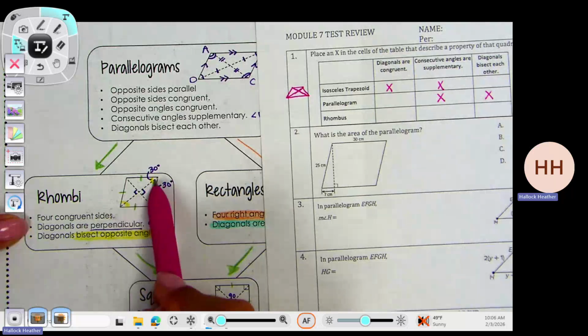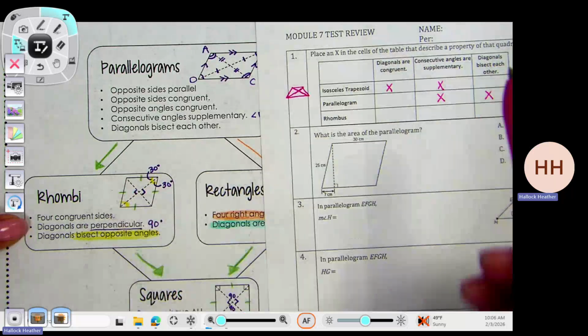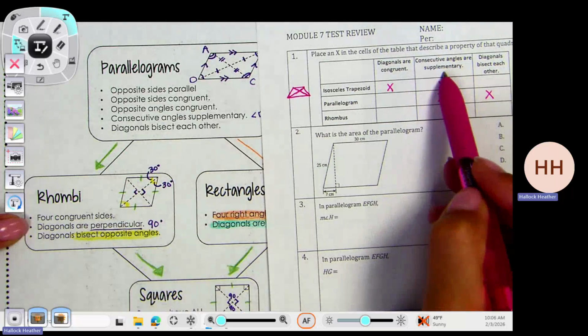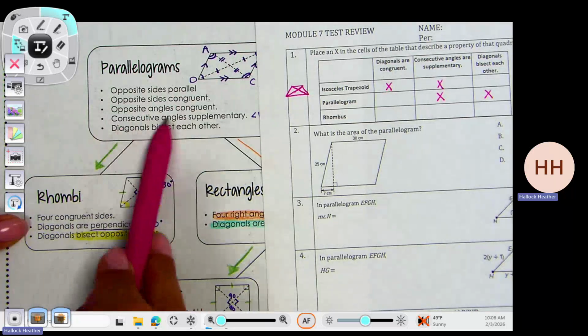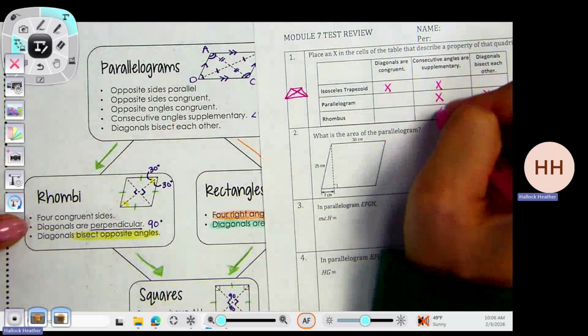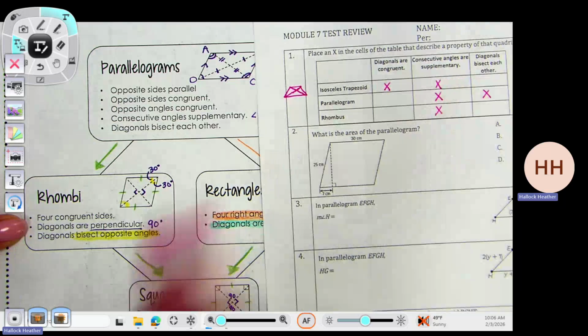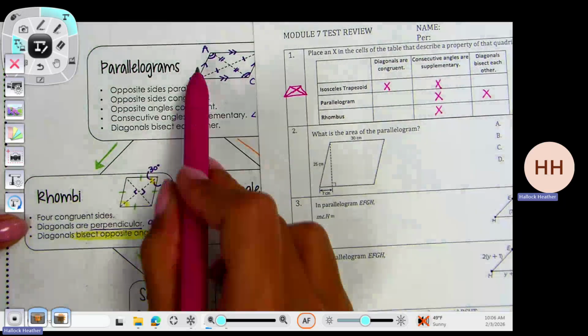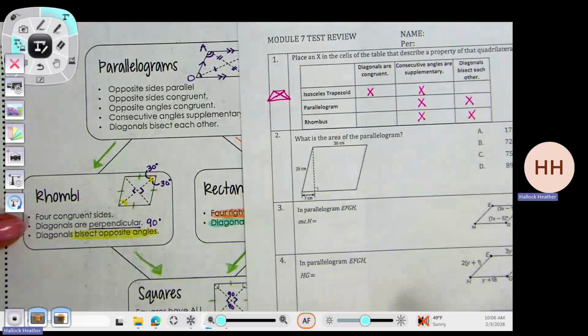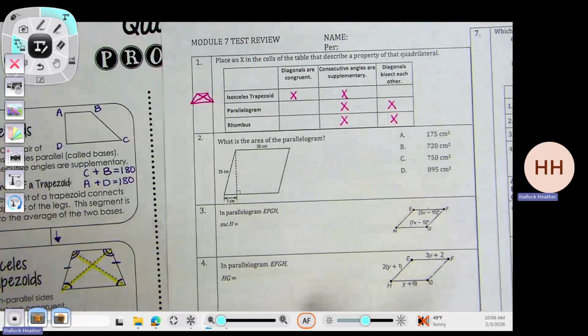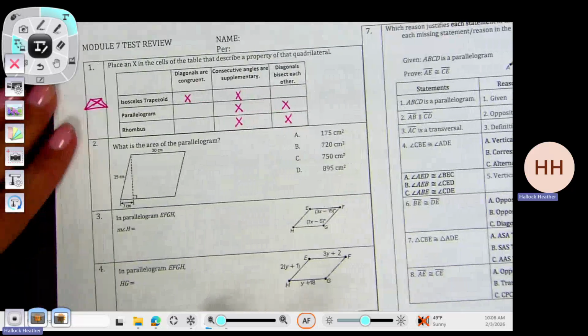This piece is going to be longer than this piece. Consecutive angles are supplementary. It's not in here, but it is in here because same side angles are going to add to make 180. And then I want to know if the diagonals bisect. The diagonals do bisect.